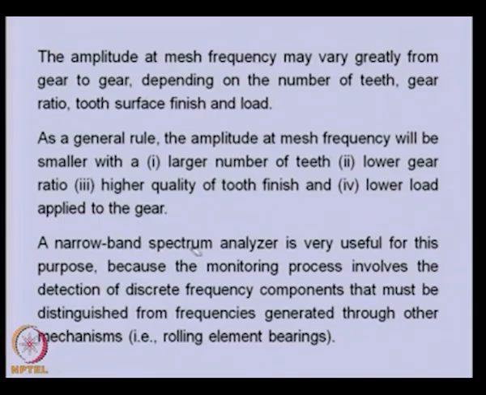A narrow band spectrum analyzer is very useful for this purpose, because the monitoring process involves the detection of discrete frequency components that must be distinguished from frequencies generated through other mechanisms like rolling element bearings.